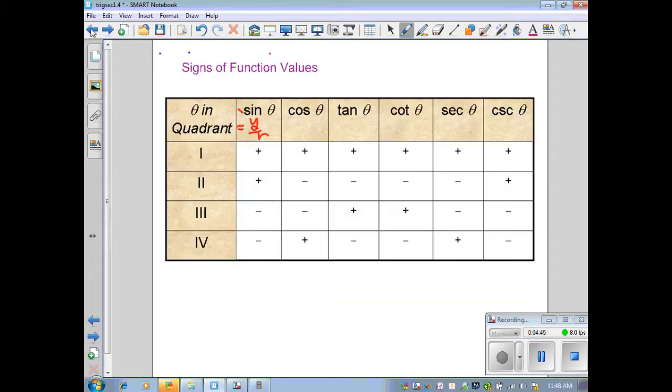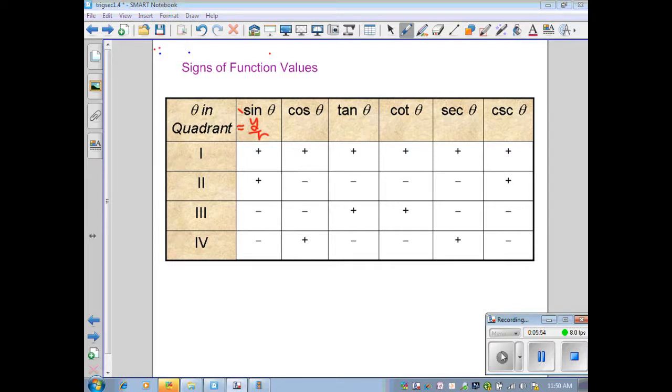If I refer back to the diagram, my sine theta in quadrant 4 is going to have a y value that is negative and an r value which is positive. And in this situation, negative divided by positive is going to give me a negative value for any sine theta in quadrant 4.